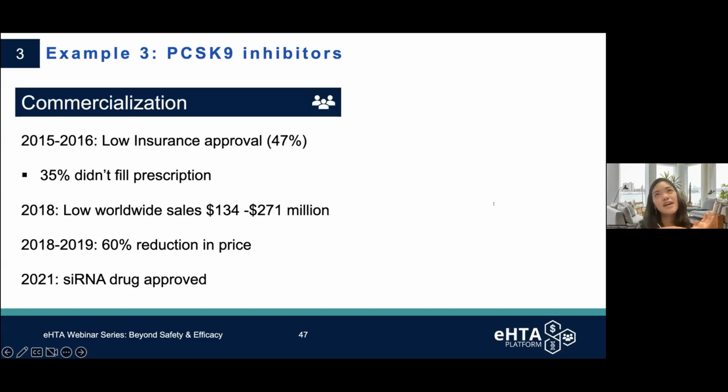It uses a siRNA technology that is different from the human monoclonal antibodies of Praluent and Repatha. And the advantage of Novartis' product is that it only requires 2 injections a year, when you compare to Praluent and Repatha, which requires 2 injections a month.